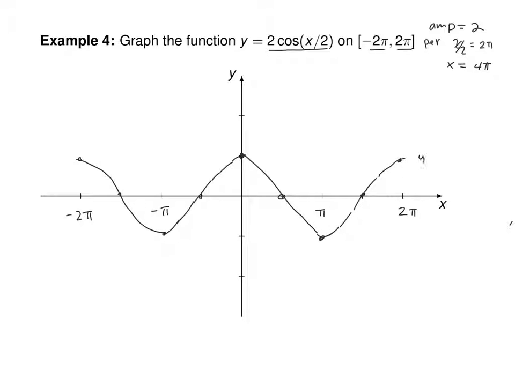So there's just regular cosine. So what is this? The fact that the period is 4 pi means that curve is going to stretch out. Does that make sense?